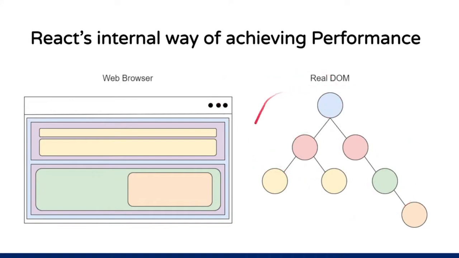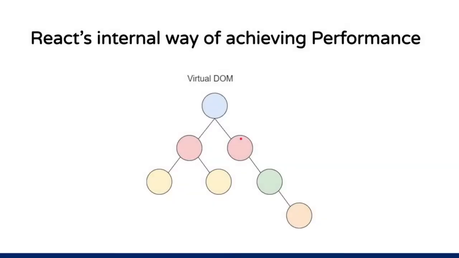These elements are shown in the web browser, and React first creates this virtual DOM. Simply, we can say the virtual DOM is a lightweight copy of the actual DOM.